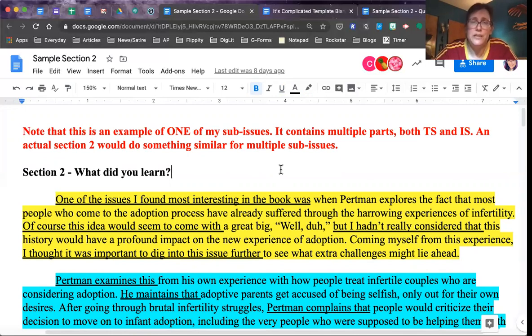Of course, this idea would seem to come with a great big, well, duh, but I hadn't really considered that this history would have a profound impact on the new experience of adoption. Coming myself from this experience, I thought it was important to dig into this issue further to see what extra challenges might lie ahead. So that paragraph's all I say, and it's basically an introduction getting me into what the book had to say about it.